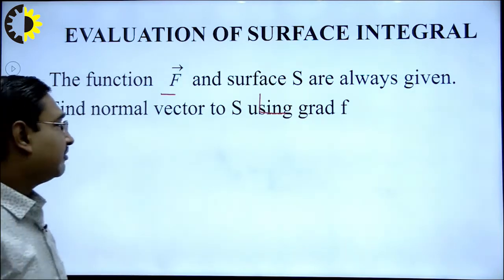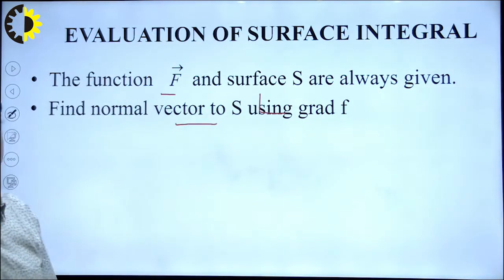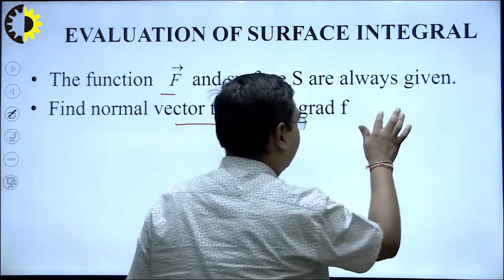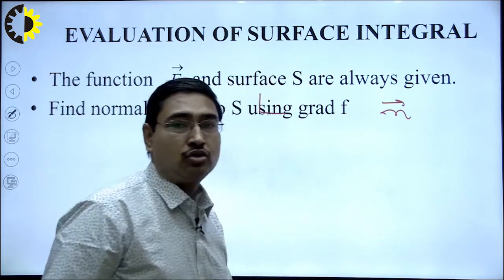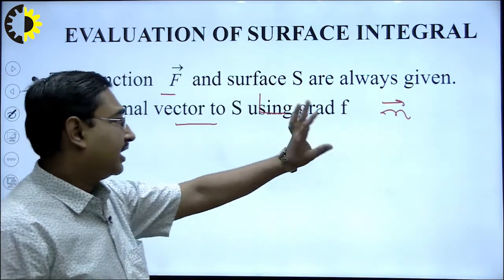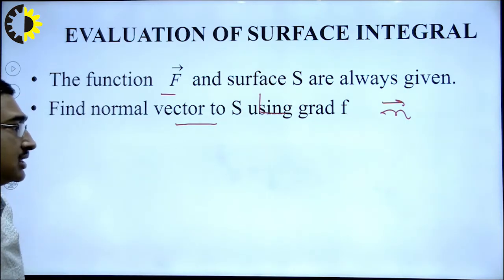Now, we shall find the normal vector of the given surface, because in the surface integral a vector like n cap was occurring. So, we shall calculate vector n for the given surface, which is the normal vector to the surface.